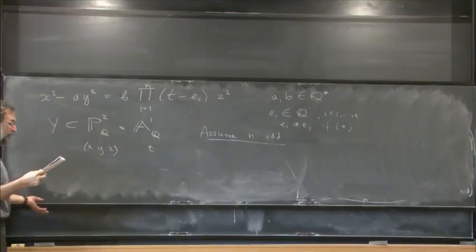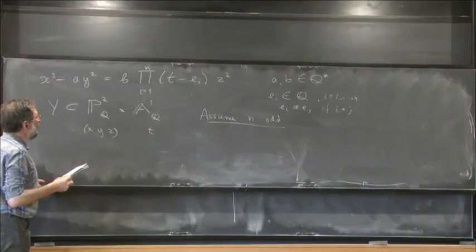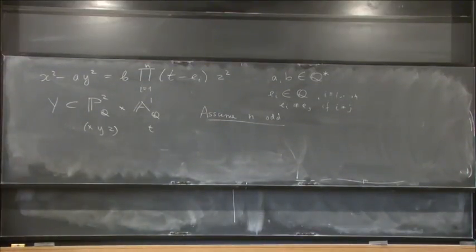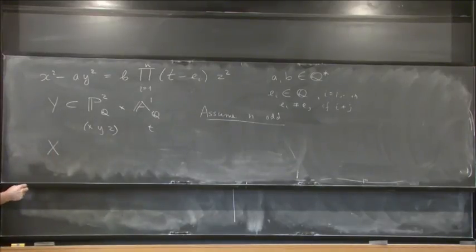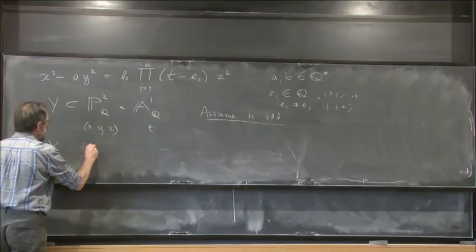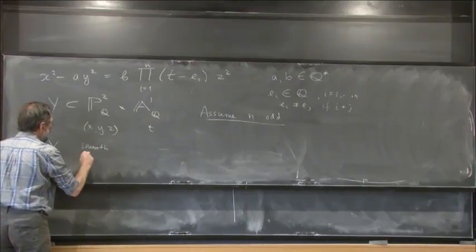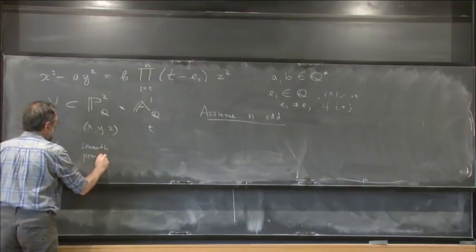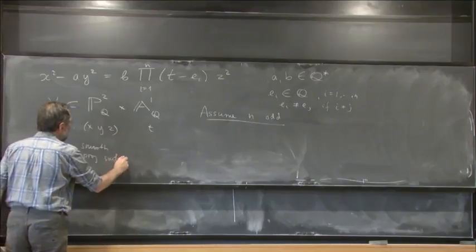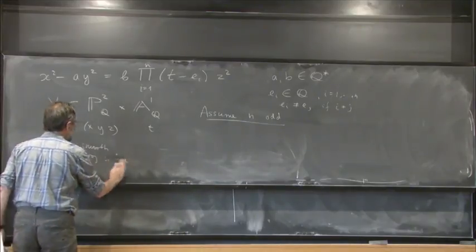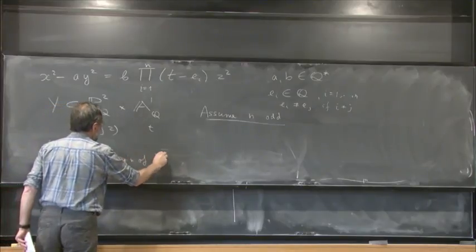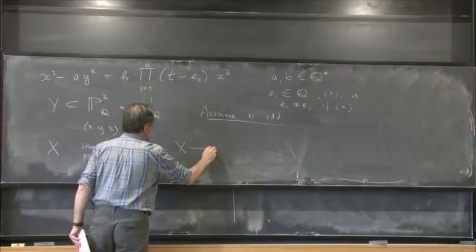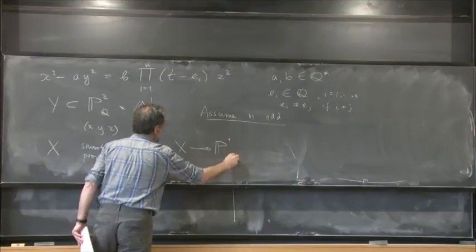And then it'll be more convenient to work with a smooth and projective surface. So X will be a smooth projective completion of Y. And this is a family of conics over the projective line.